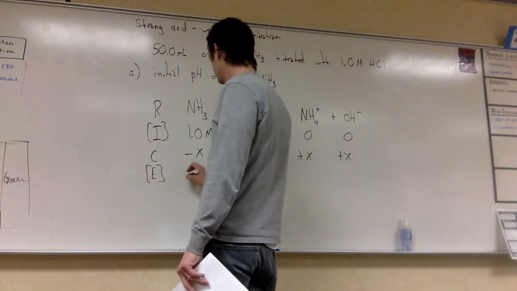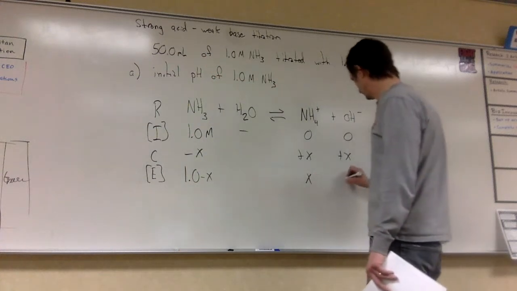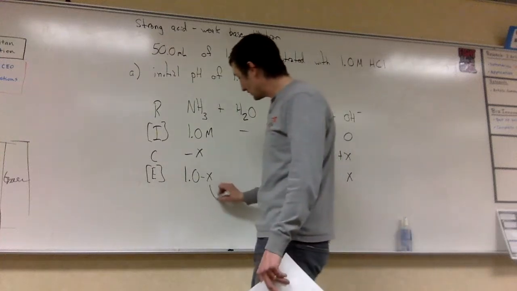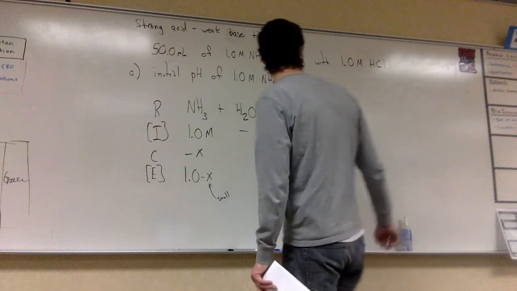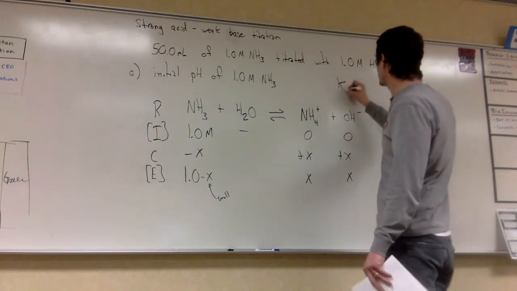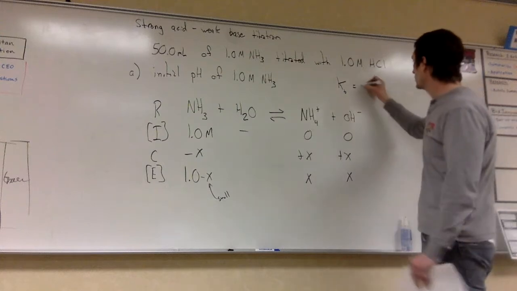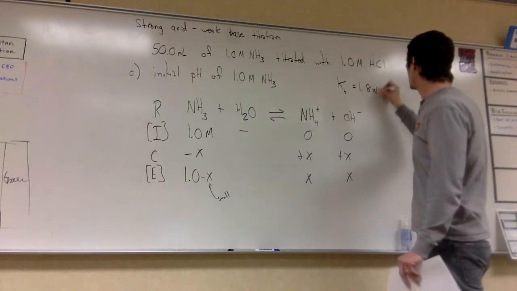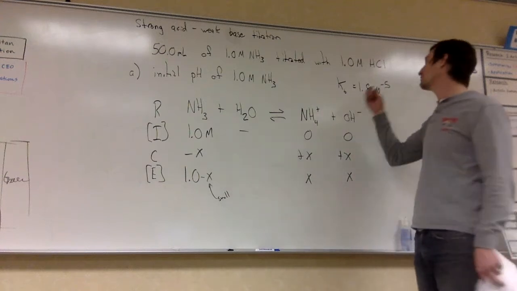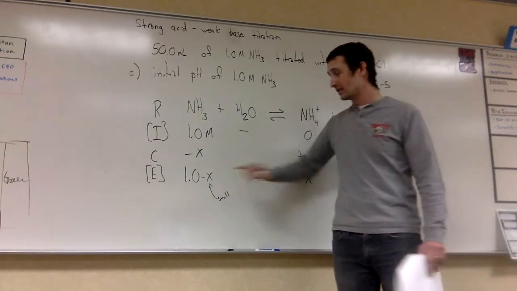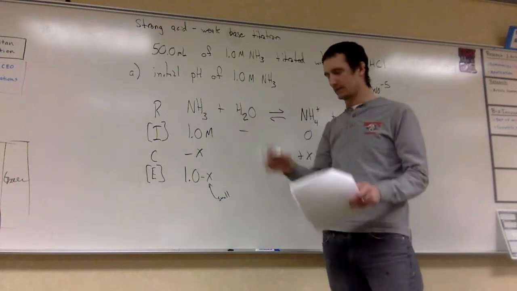We can assume that X is small, because Kb is a very small number, 1.8 times 10 to the minus 5th. Since Kb is small, I can assume that we're not losing much from the reactant side.